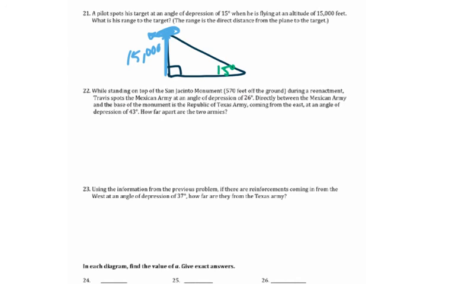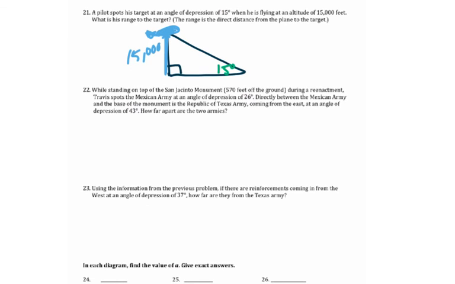What is his range to the target? The range is the direct distance from the plane to the target. So what is that direct distance right there? So in this here, we have an opposite. So opposite over hypotenuse, that's sine.